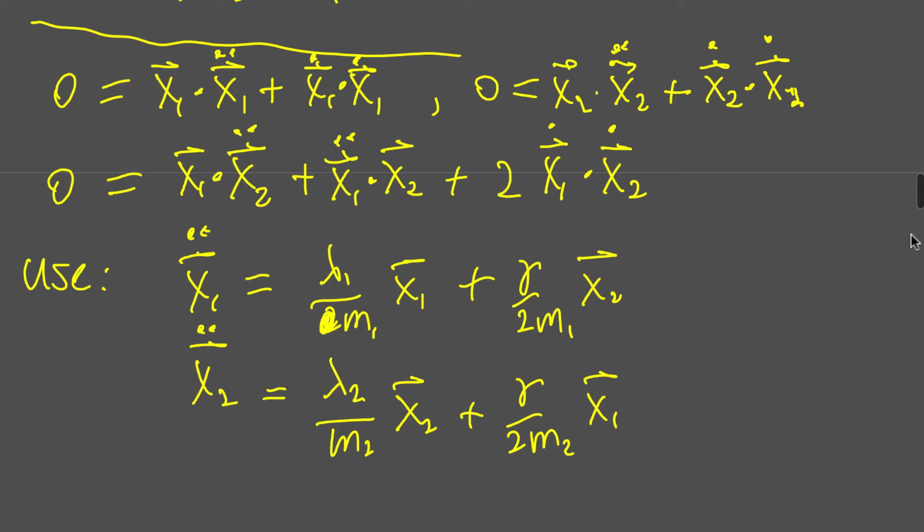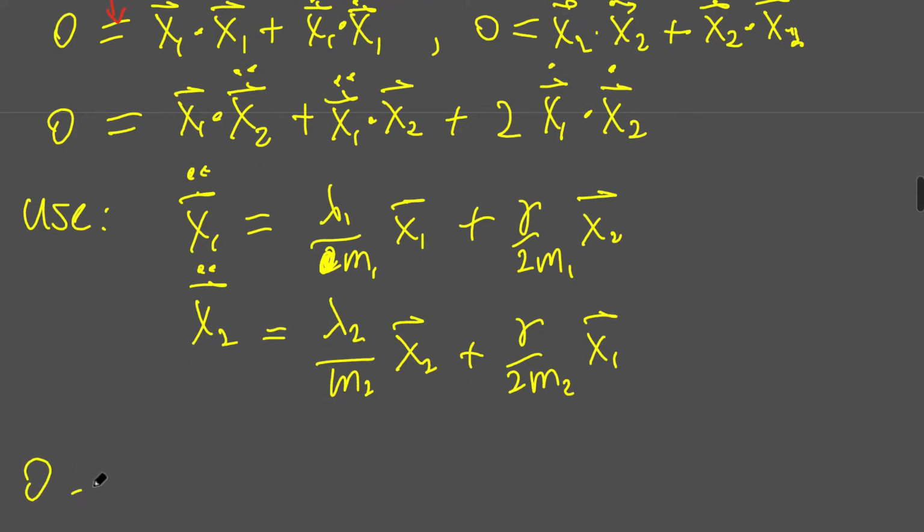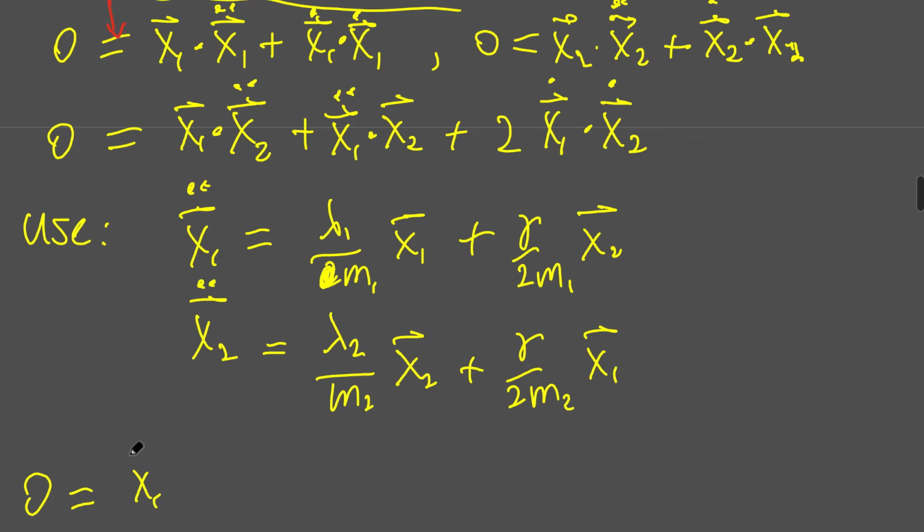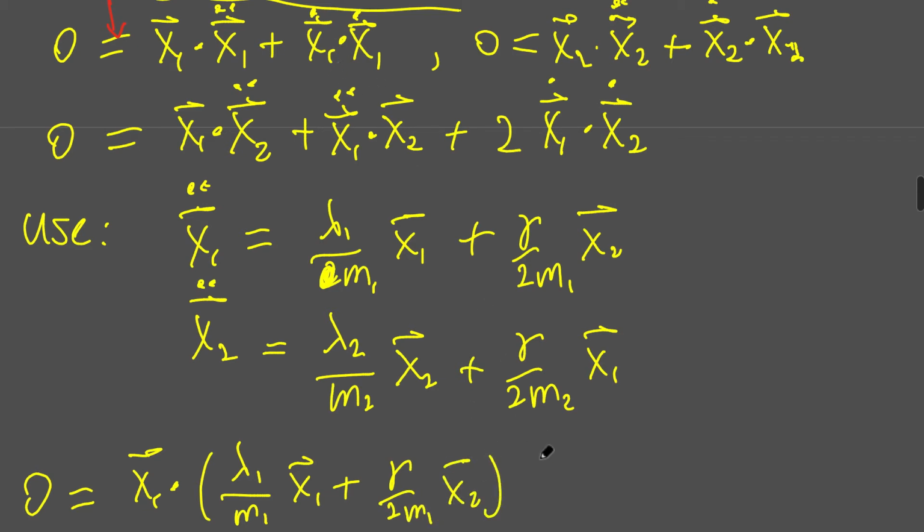So this first one will become 0 equals x1 dot product with this expression, lambda 1 over m1 x1 vector plus gamma over 2m1 x2 vector, plus x1 vector dot with x1 vector dot.